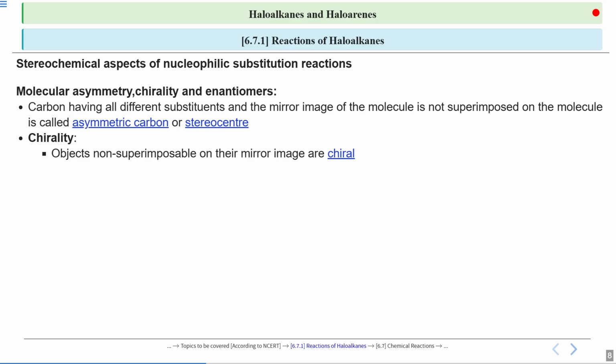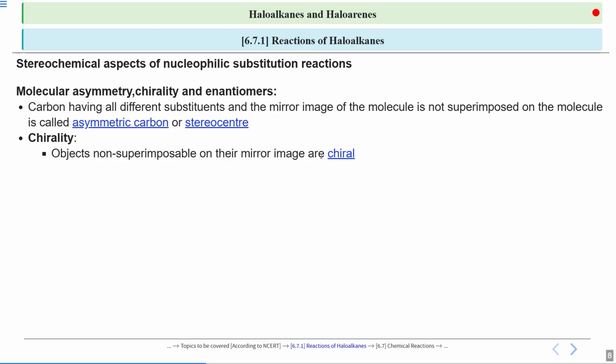You will obtain the same circle, right? That means you can take the image circle and put it onto the initial circle, and it will be the same. It can be properly superimposed, right? So the objects that are non-superimposable on their mirror image are called chiral.